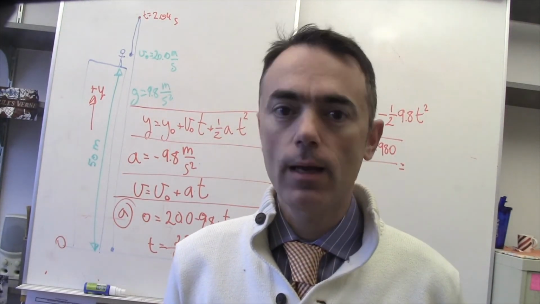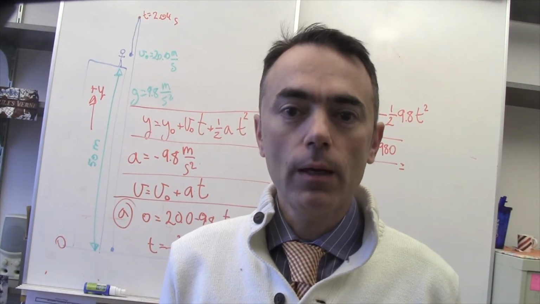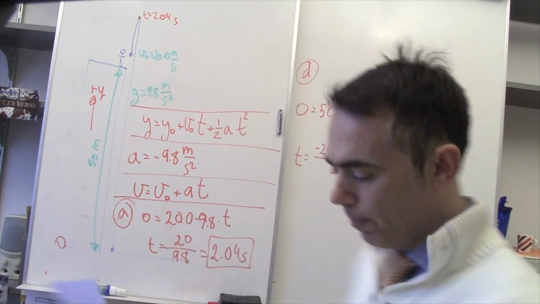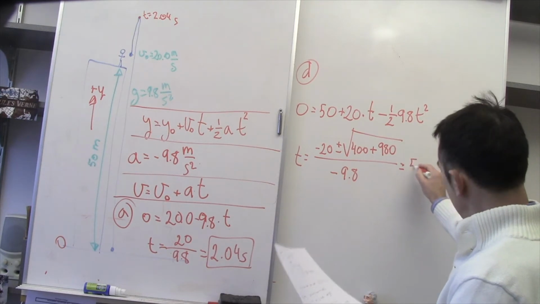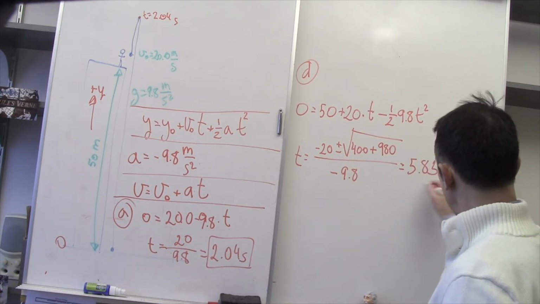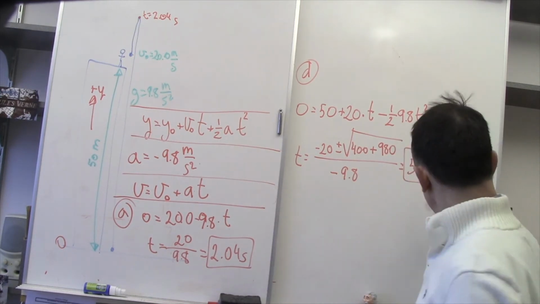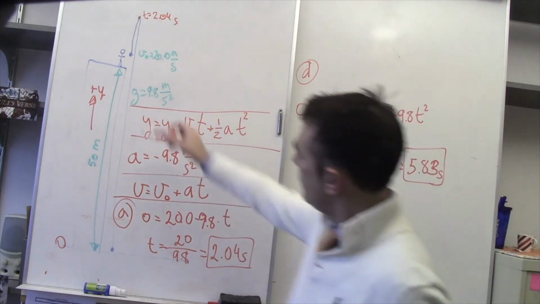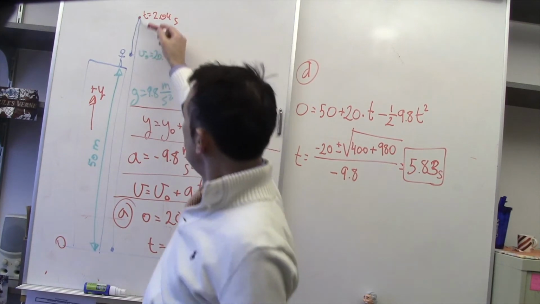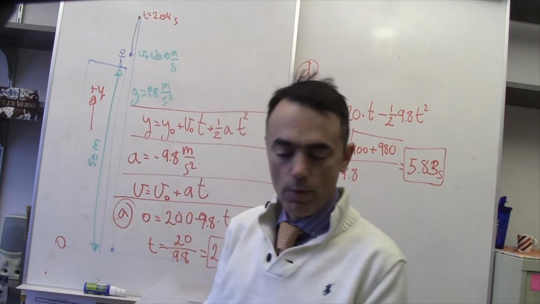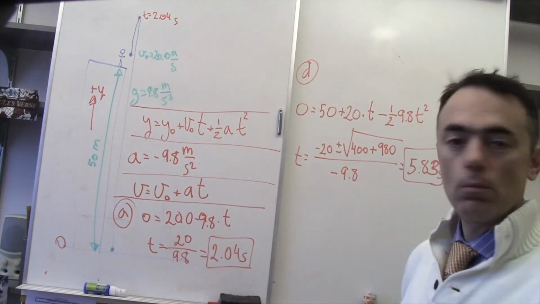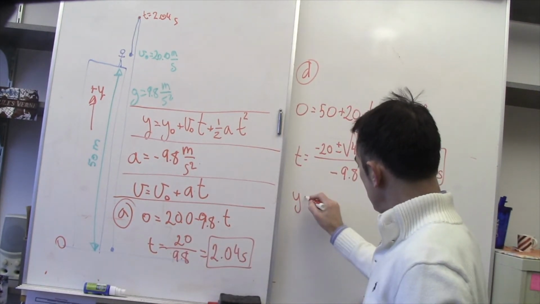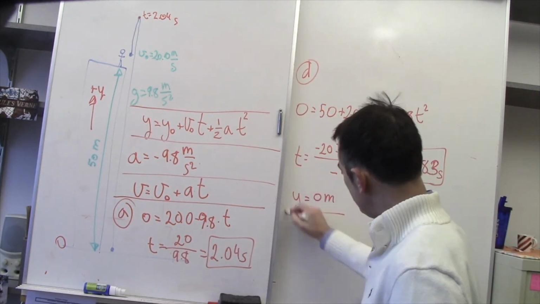That doesn't have any physical meaning, having a negative time. I will keep the positive one, which is 5.83 seconds. That's the time needed for the ball to go from the hand of this person up and reach the ground. What's the position? Well, the position is just the ground, so the final position is going to be 0 meters.